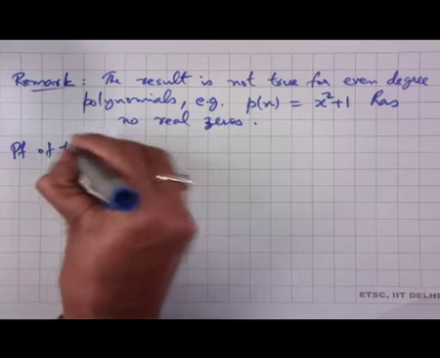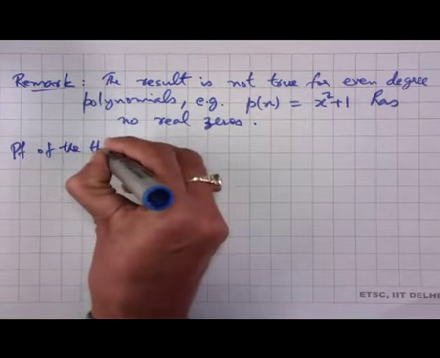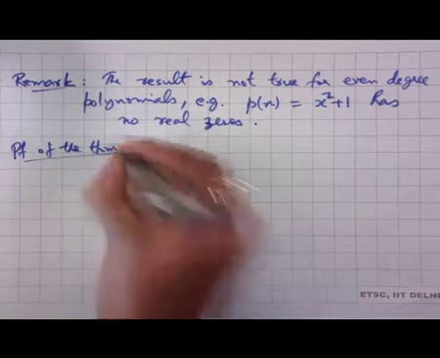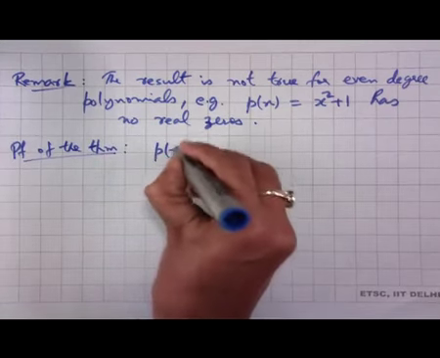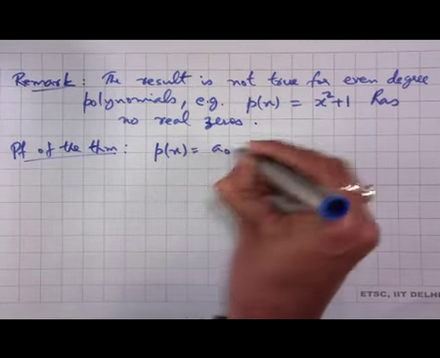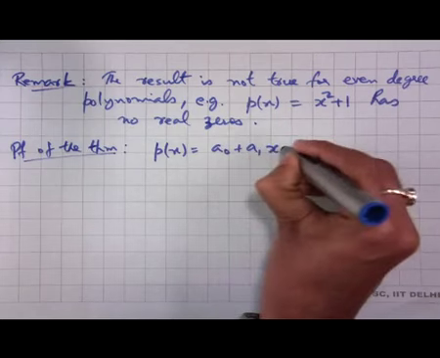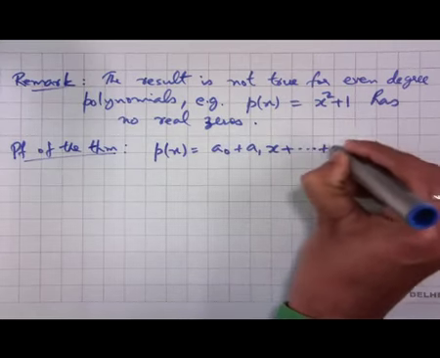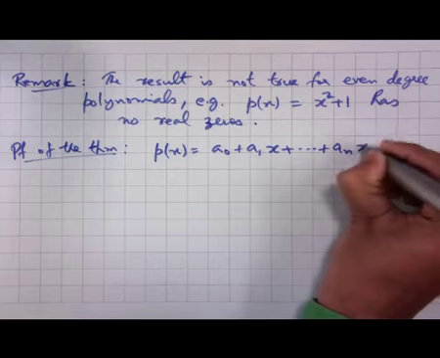So, the proof of the theorem. We have p of x is equal to a 0 plus a 1 x up to a n x to the n.